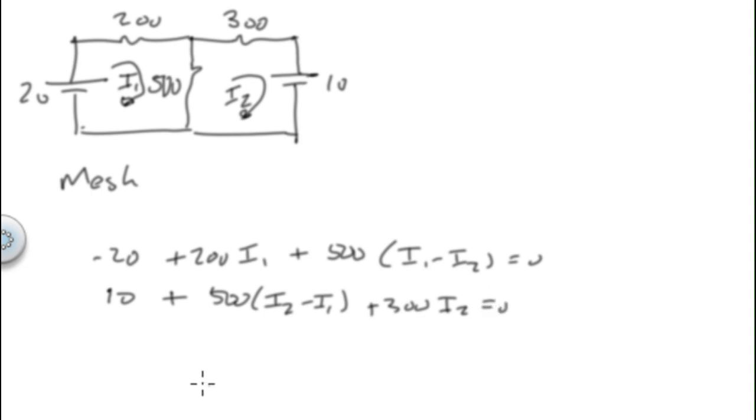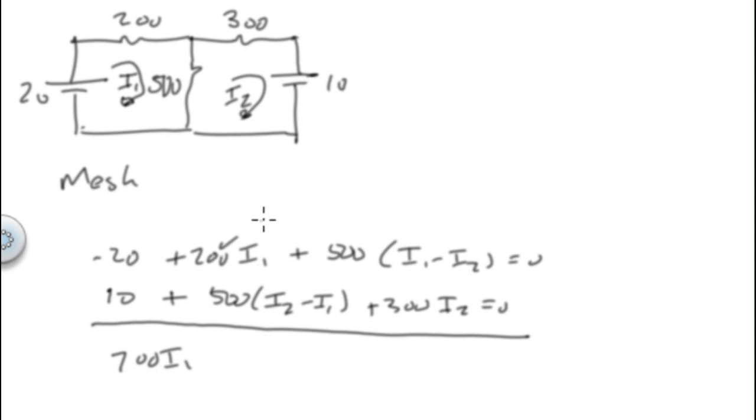And I solve. Okay, so I go to standard form, and that's as far as I'm going to go. I have 200 plus 500 is 700 I1, and I check those off as I use them, minus 500 I2 equals 20. Bring the 20 over to the other side.